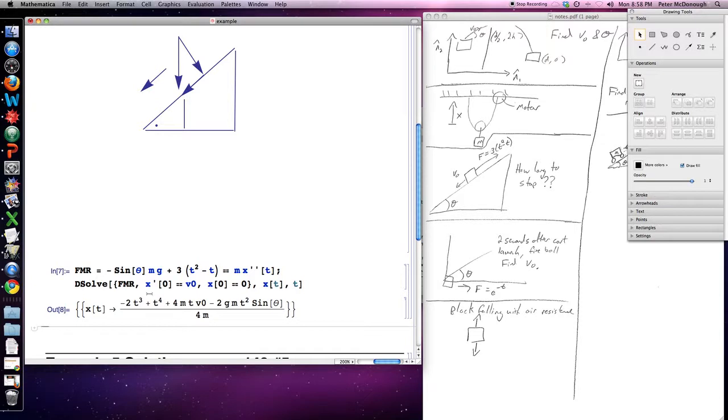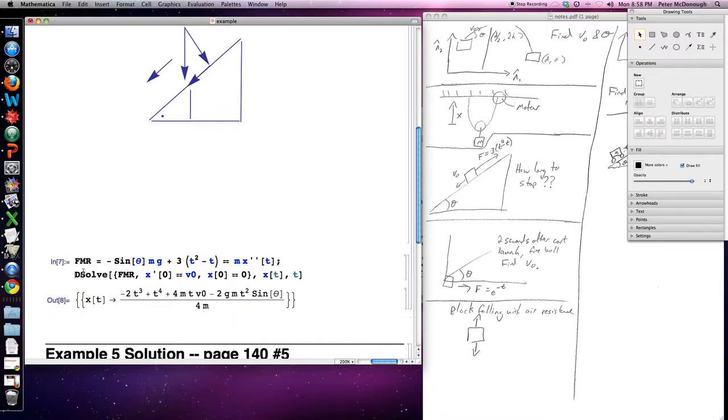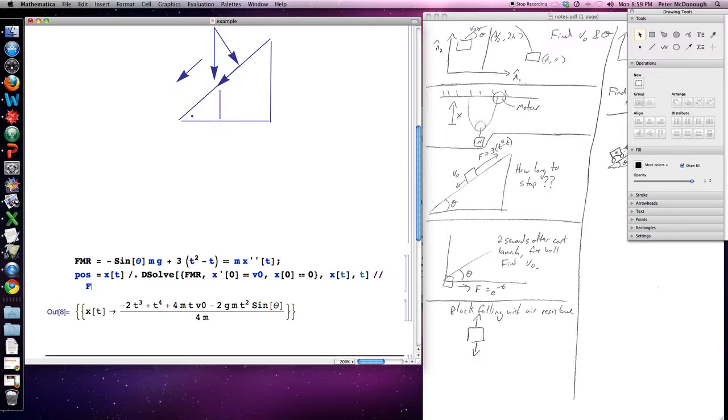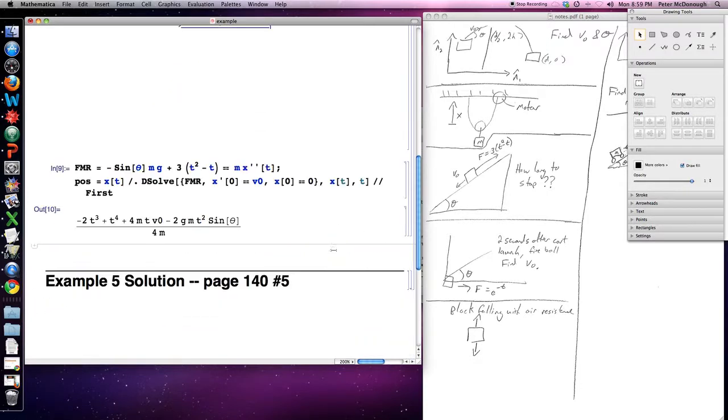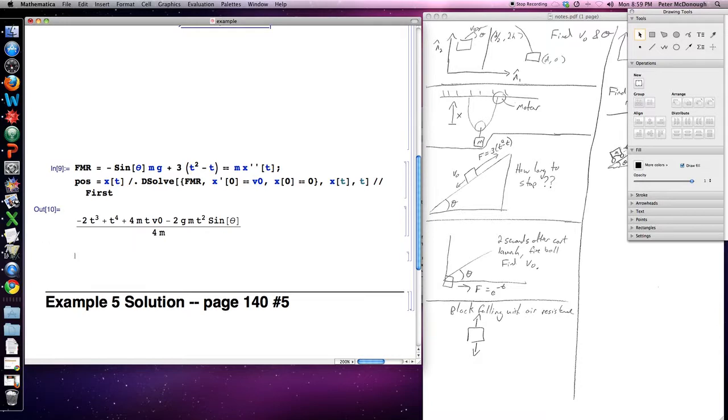So x of t then equals this function right here. We'll call this my position function. As usual, say x of t /. and then // first to get this into a straight function. To get the velocity with respect to time, we simply take the derivative of my position with respect to time.